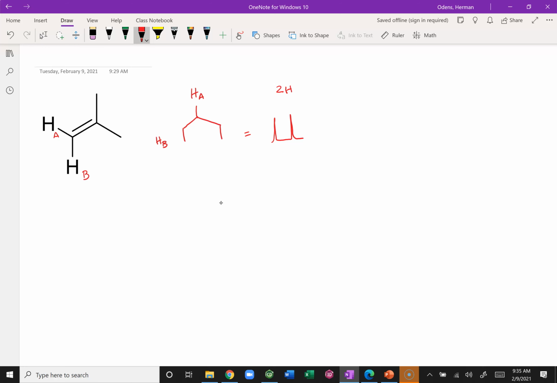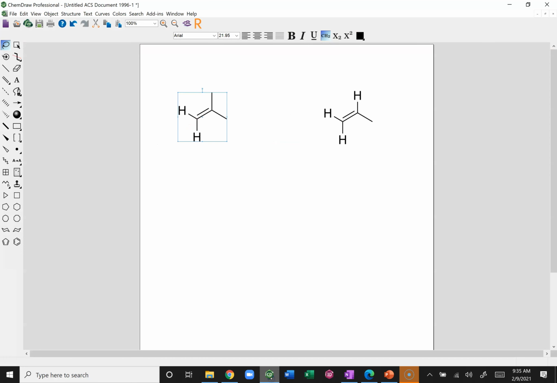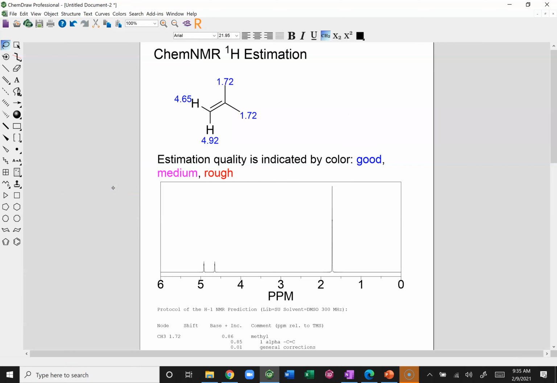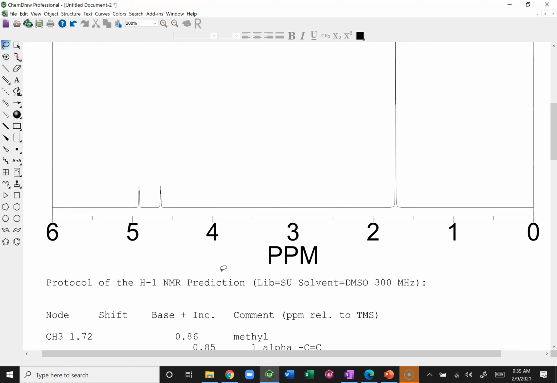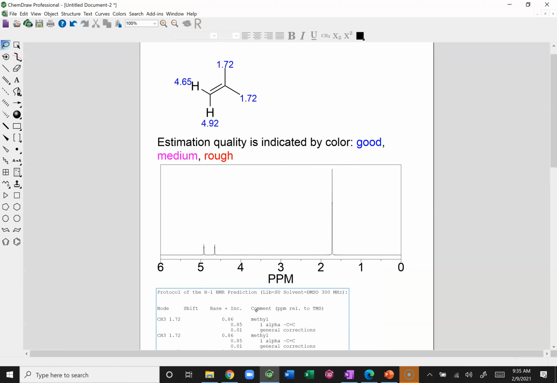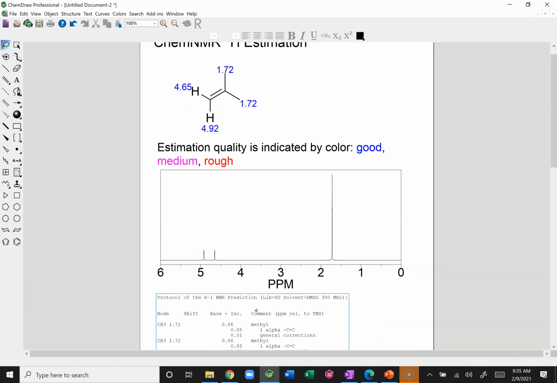So now let's take a look at a little bit more elaborate case. All right, and this is all being recorded, if I'm going to predict the NMR shift for this, there you have it. You have a doublet at around, before 5 actually, around 4.8. And then this other singlet that you see here is the methyl group. So those two will be equivalent.